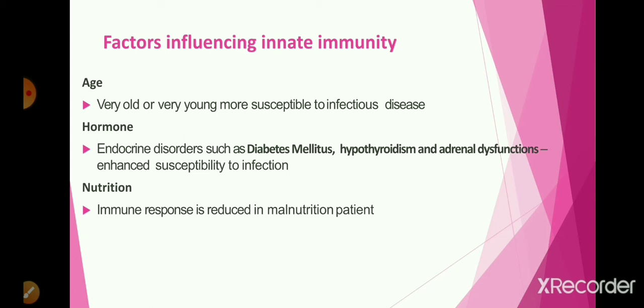So a decreased quantity or deficiency of these vitamins can make us susceptible to a pathogen. Nutritional status is an important factor against microorganisms. Proper diet or proper nutrition makes us healthy and helps us fight against microorganisms.